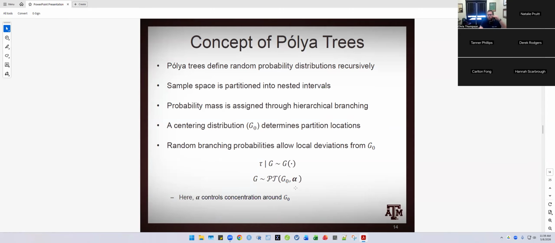And each time you do that, you're increasing the level of the tree. You do this by starting with a G-naught distribution, which is a centering distribution, as it's called.